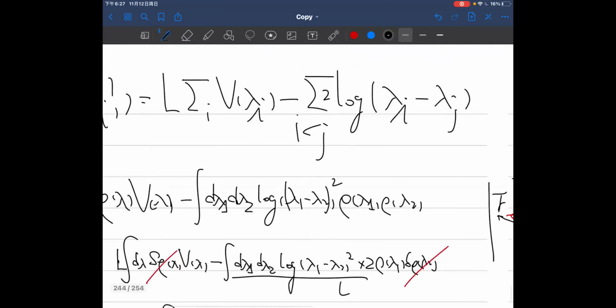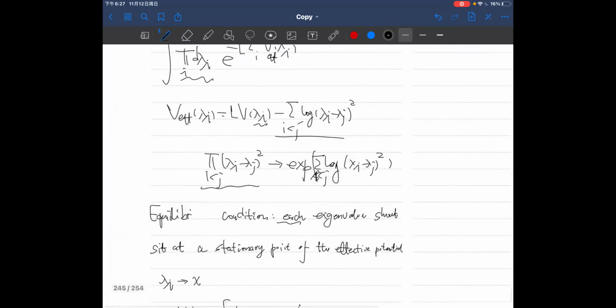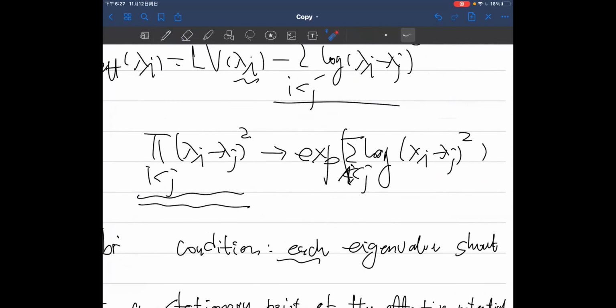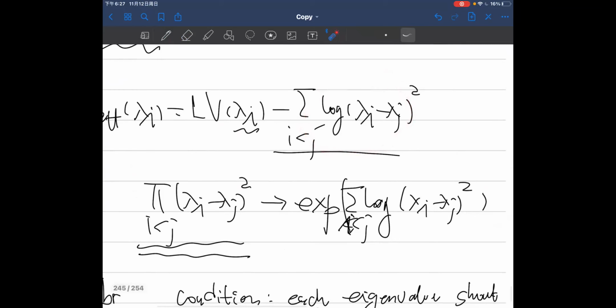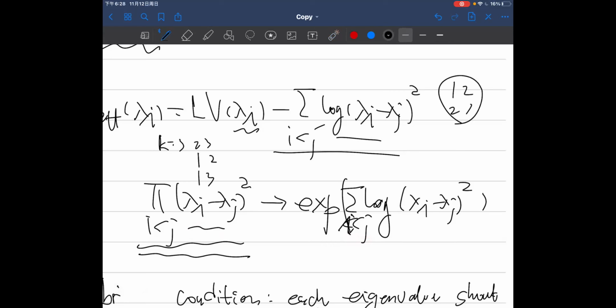Maybe I still have a problem from here, from this one to this one. I found something may be wrong. I don't know why the things change. This is I minus j. Let me consider L equal to 3. It is 1, 2, 3 to 3. It's just a three situation. But here you have 1, 3, 1, 2 to 1. The two things are the same, but they appear twice here.